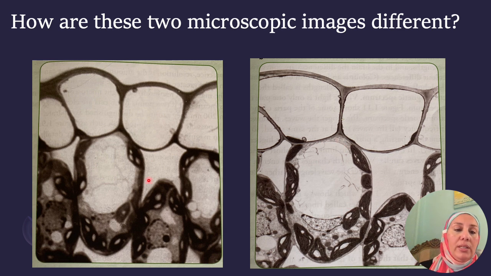This is the vacuole, as we can see it over here as well. But here we can see in more clear detail. So that's why this one on the right side is the electron microscope image, and this one is the light microscope image on the left hand side. Easy? Let's move on.